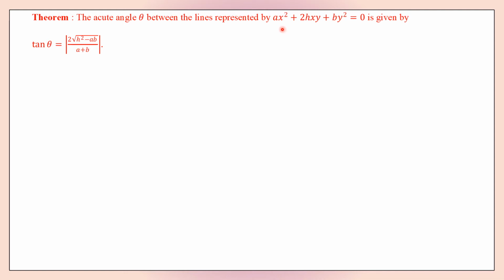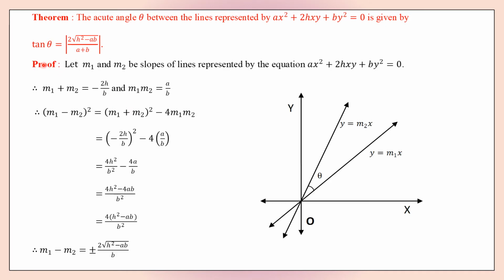We know the sum of the slopes and the product of the slopes of these lines. The formula of tan theta in terms of slopes is |m1 - m2| divided by 1 + m1·m2. Using the sum of the slopes and the product of the slopes, we find tan theta. Proof: suppose these lines are taken in the first quadrant.